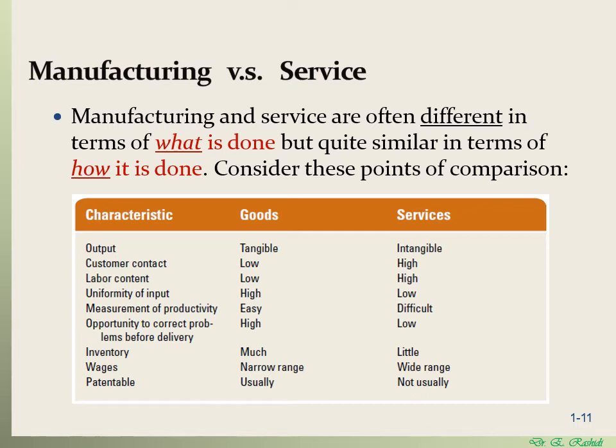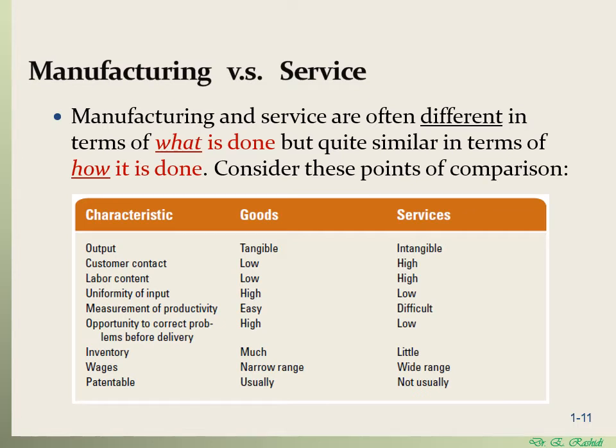But they are kind of similar in terms of how those processes are performed. To understand the differences and similarities between these two types of organization, we're going to use different points of comparison or characteristics to compare these head to head.